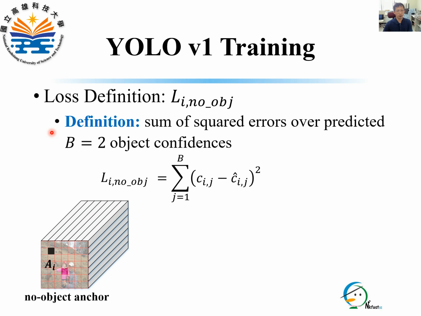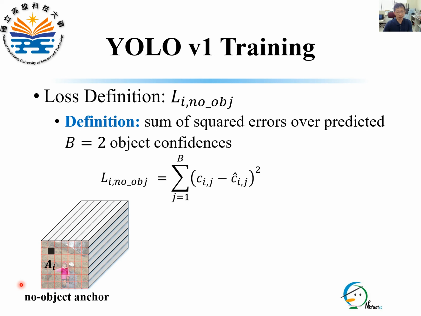For non-object loss defined on non-object anchor, YOLO v1 only takes the predicted object confidences into consideration. It is defined as the sum of squared errors over the predicted two object confidences.